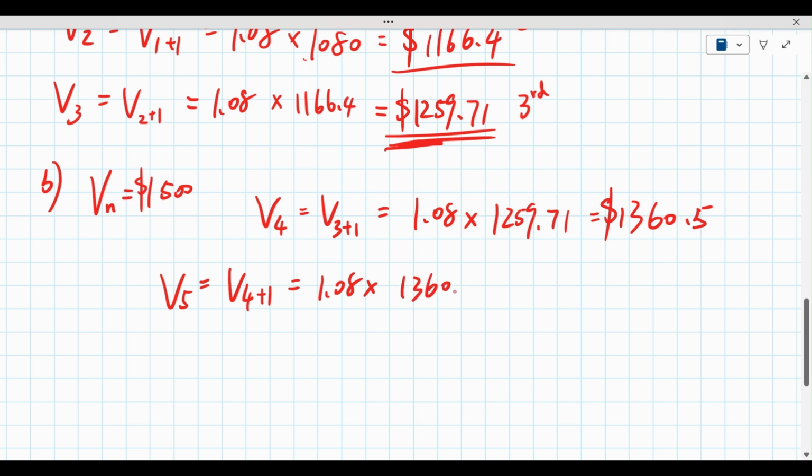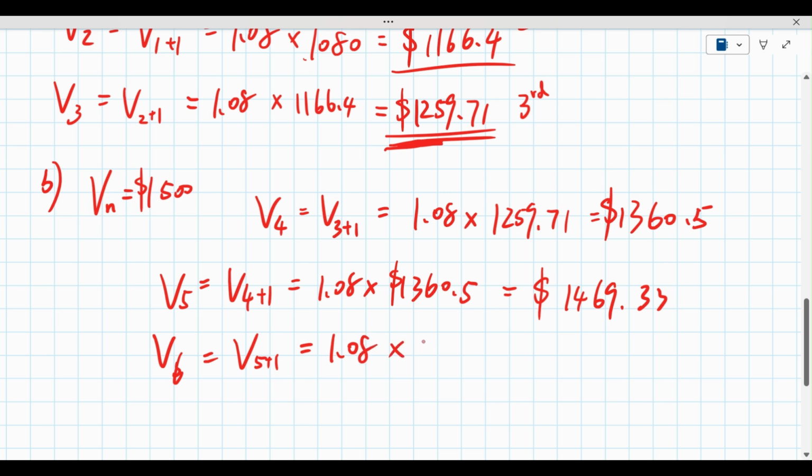We are both using the CAS calculator, okay? So we're all using CAS to calculate these numbers. Please don't do it by hand, it's hard to do by hand. We just keep pressing the CAS calculator and you will find it. Keep going with 6 years: V6 equals 1.08 times 1,469.33, which is approximately 1,586.87.